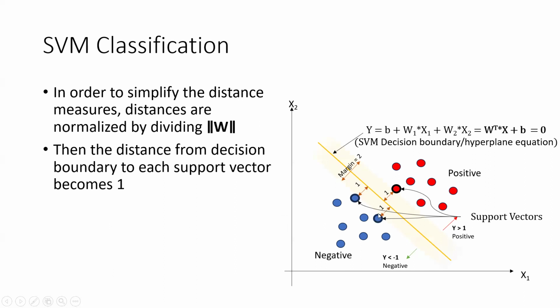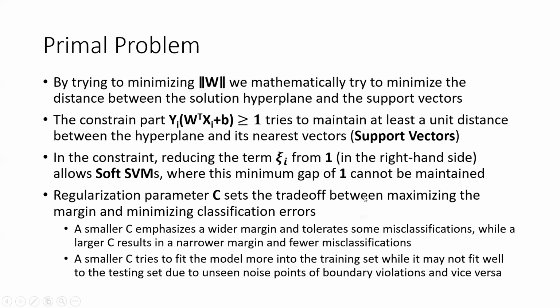So that is when we are using this psi i variable. What you see is a hard SVM, but in the real world there can be some misclassifications where these data points are not satisfying this distance of 1. That is why we use this slack variable.